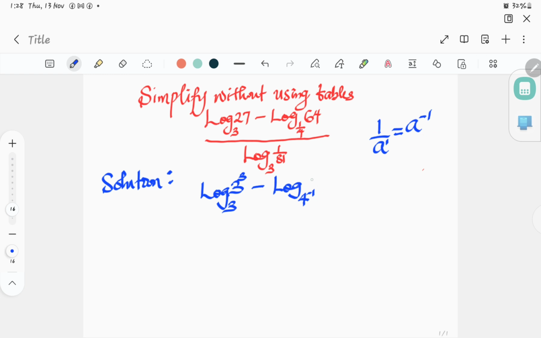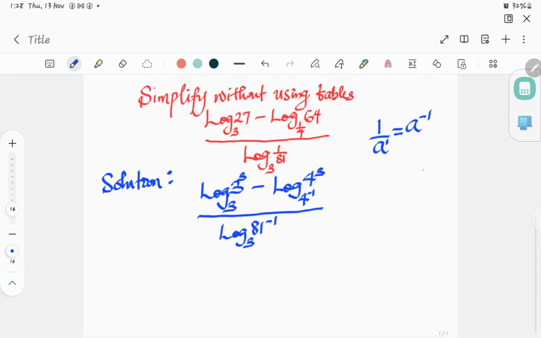Alright, so 64, we can change to 4 raised to the power of 3. I can change this to log base 3. 1 over 81 will be the same as 81 raised to the power of negative 1.